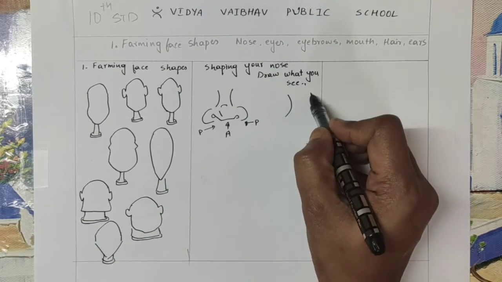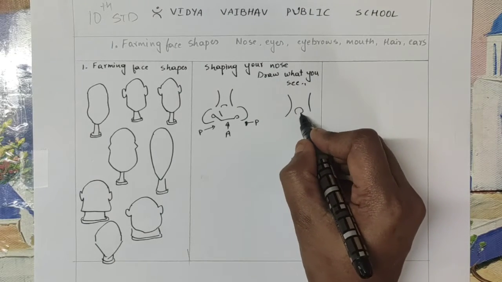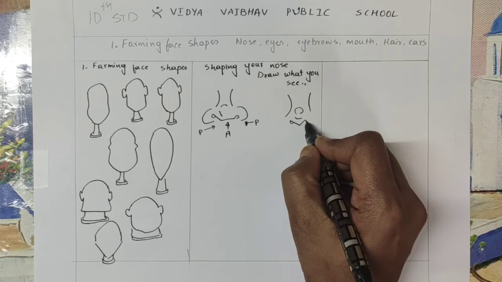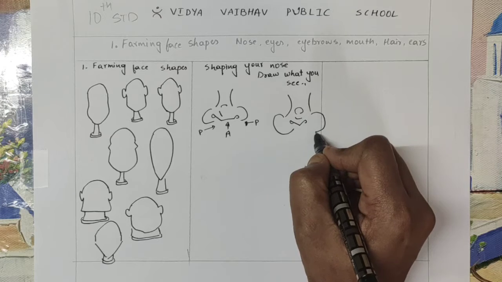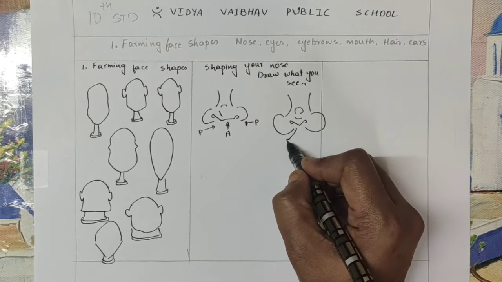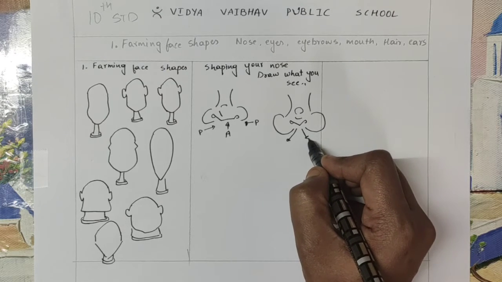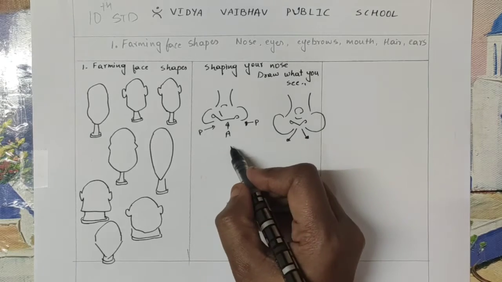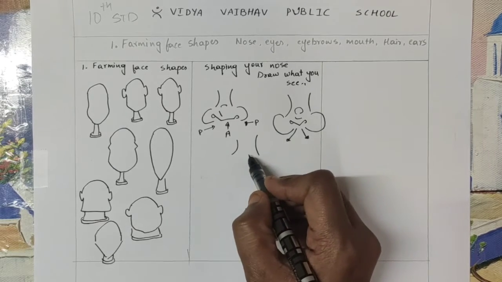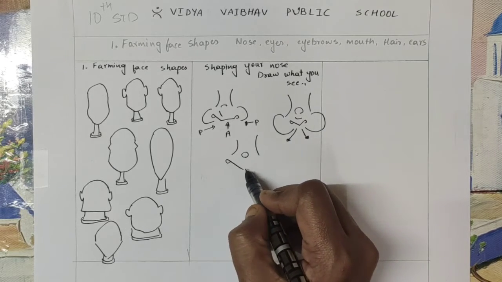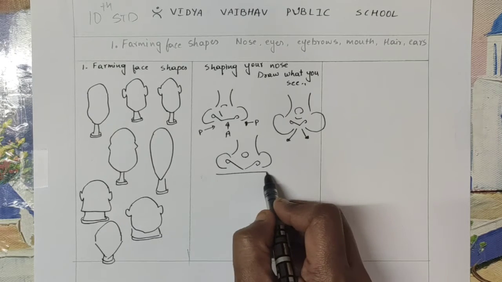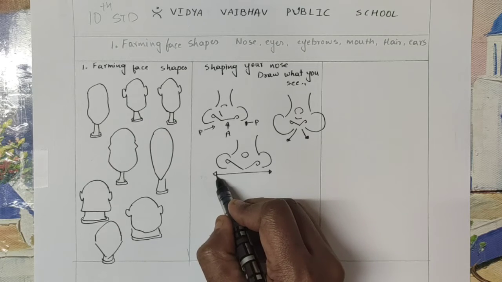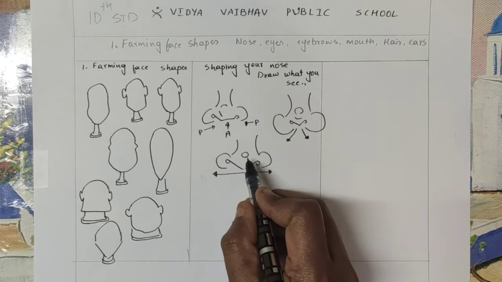I'll show another example. Now these two will be enlarged with the pivot points. Now the same nose, what I'll do, I'll drag in the other way. It means I dragged this point, the pivot points will change.